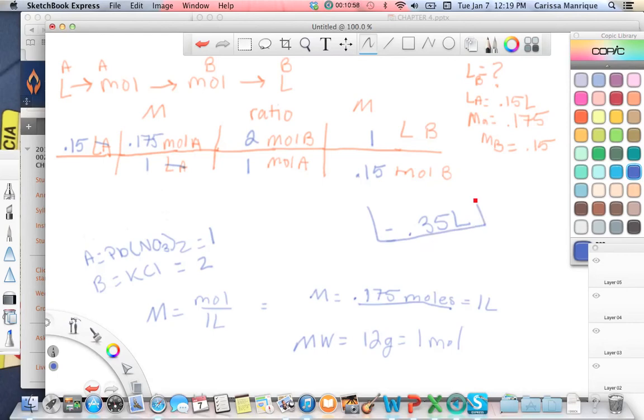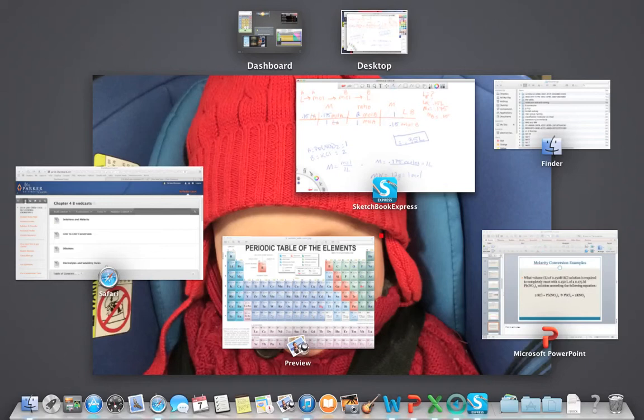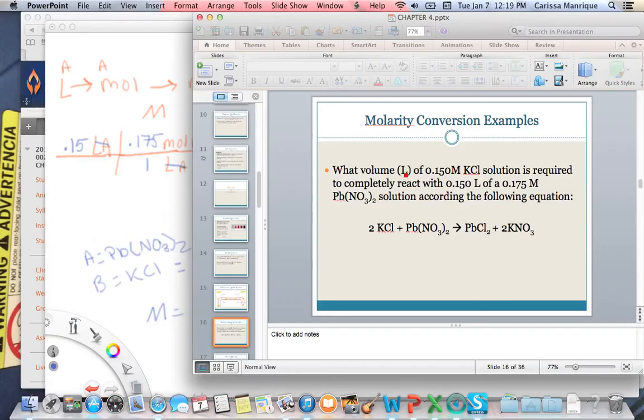So let's see what we solve for. It says, what volume of this solution is required to completely react with this solution according to the following equation? So basically, if I want to completely react with this, so there's none of it left over, how much KCl do I need to add in there? Okay?